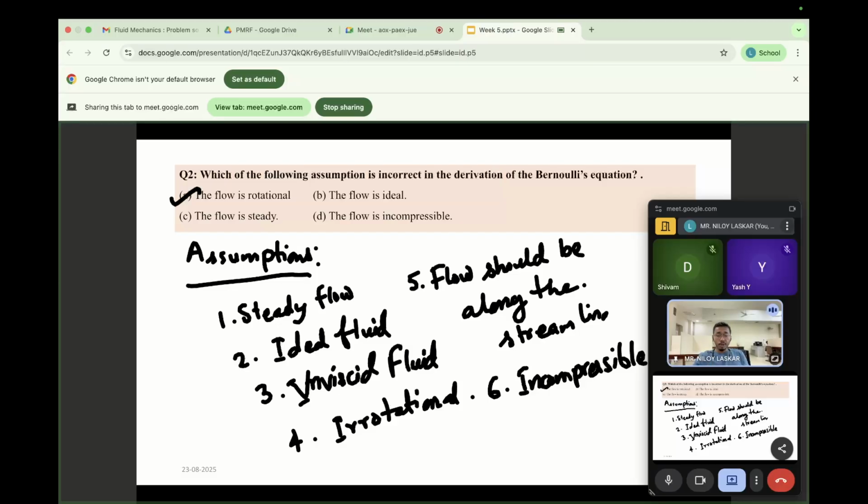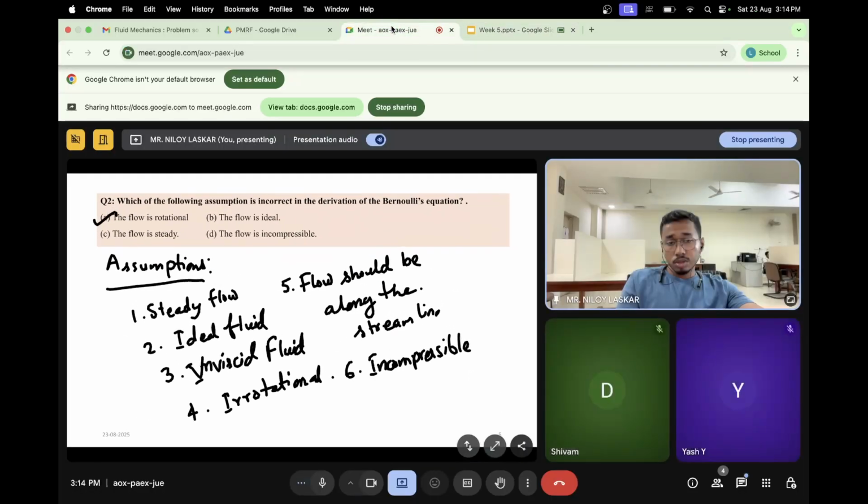So always remember the main fundamentals: it should be non-viscous, steady, irrotational, ideal and incompressible. The rest two are not that important, but these four are fundamental. Okay.